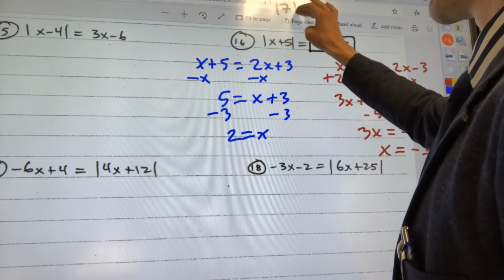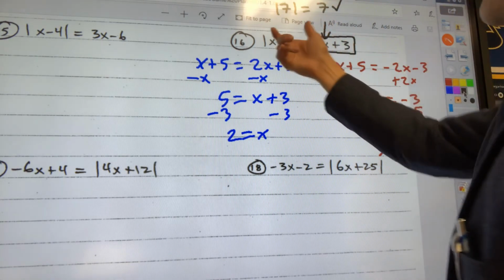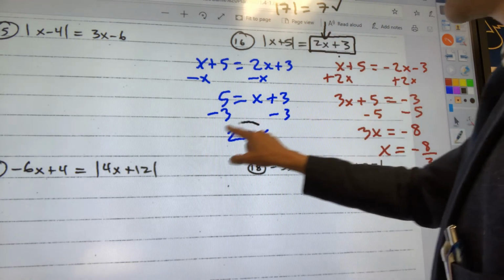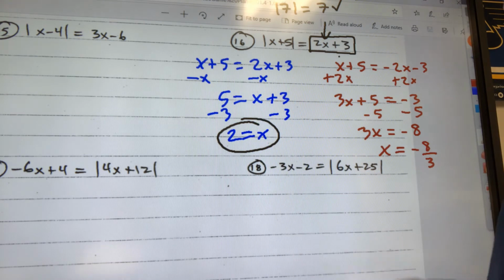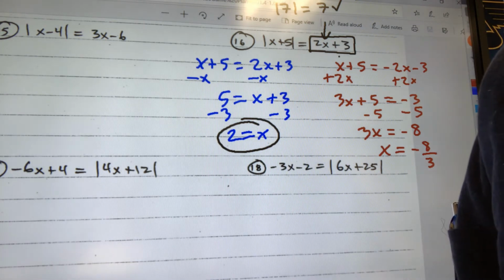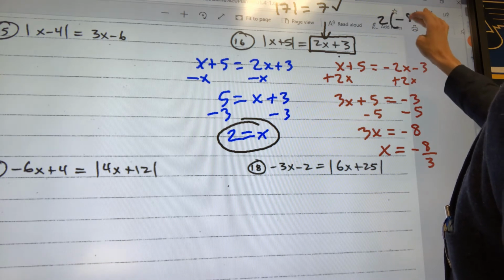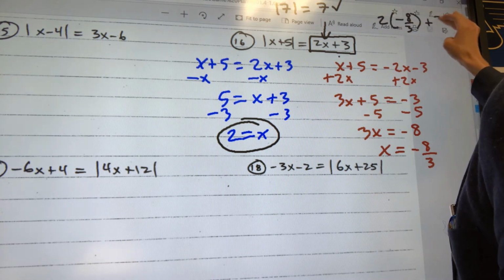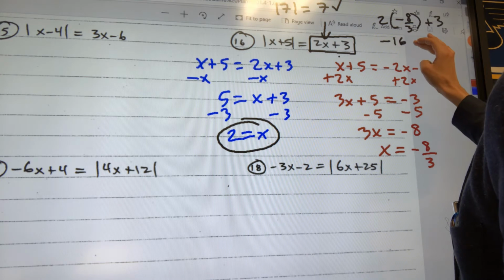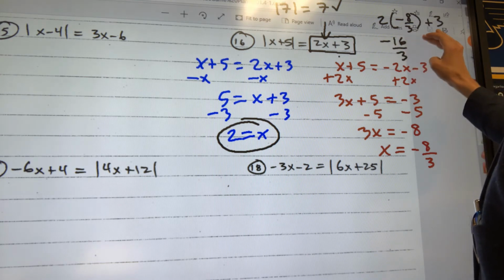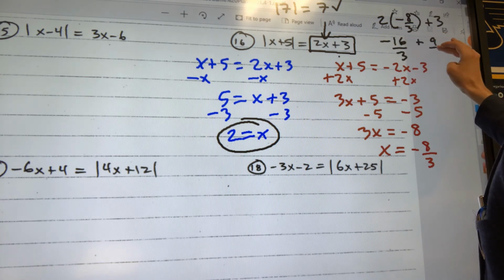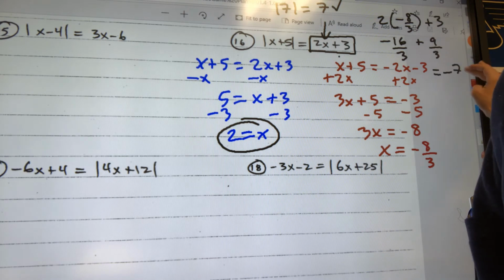You have absolute value of 7 equals 7. You can have the absolute value equal +7. That is a good answer. All right, -8/3, it's kind of a bummer to plug in. 2 times a -8/3 plus 3, -16/3 plus 3, which is 9/3. That's a -7/3.